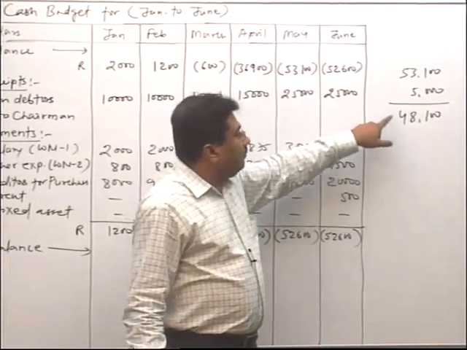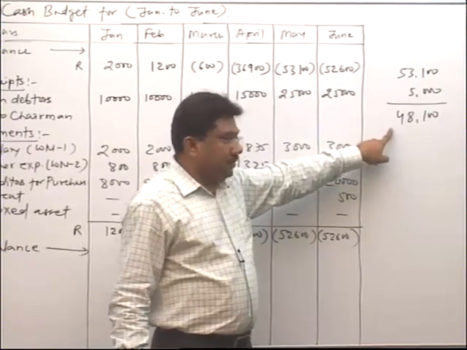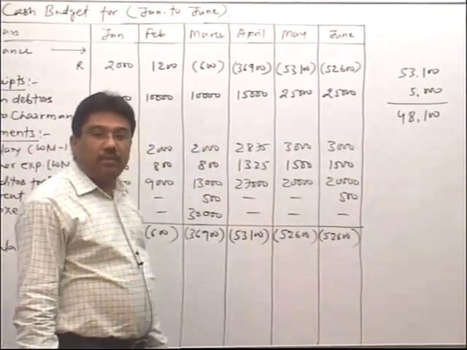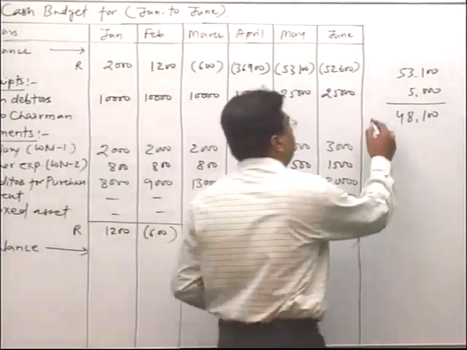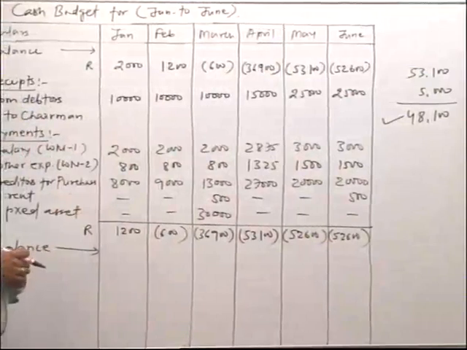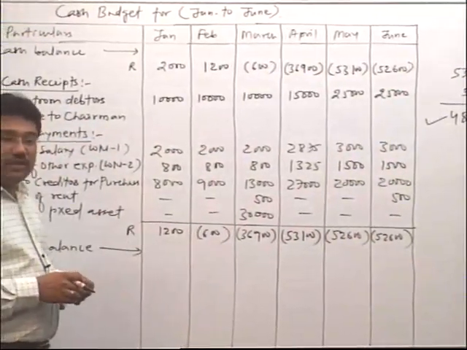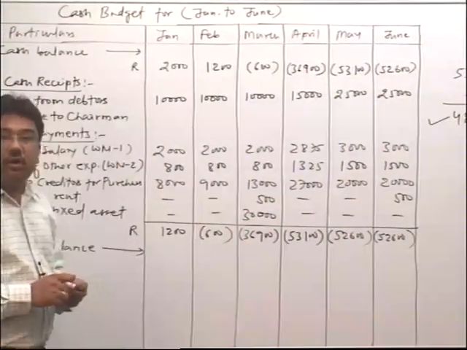If we issue shares of 48,100 to the chairman, then this problem can be overcome. So the maximum amount of shares to be issued to the chairman will be 48,100. After issuing these shares to the chairman, we will find out the fair balance and we will see whether the overdraft problem is solved or not.